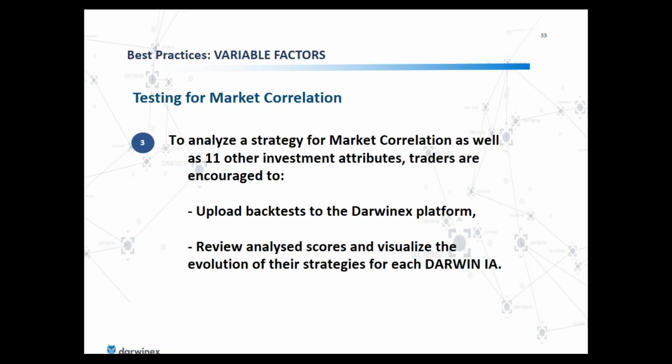After you've done the MT4 backtest, upload your backtest results into the DarwinX environment and get scored for 12 investment attributes, one of which is market correlation, and the other 11 include all the way from experience, open close, sensitivities, open close percentages, different excursion based attributes, etc. So very important that once you've gone through your original backtesting in the strategy tester, that you upload your backtest to the DarwinX platform and get analyzed based on our 12 attributes.